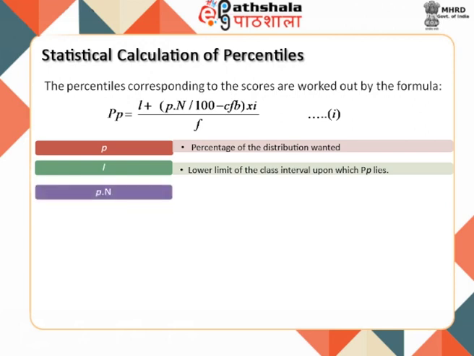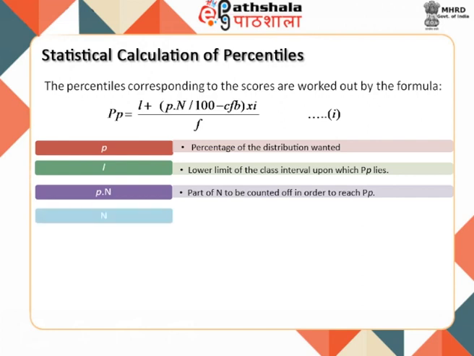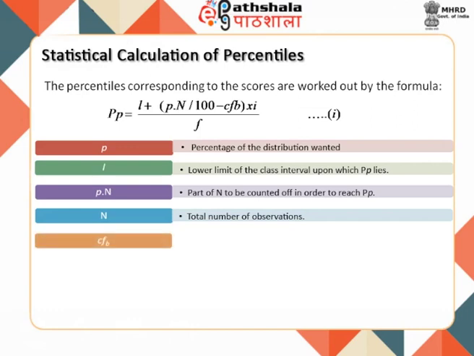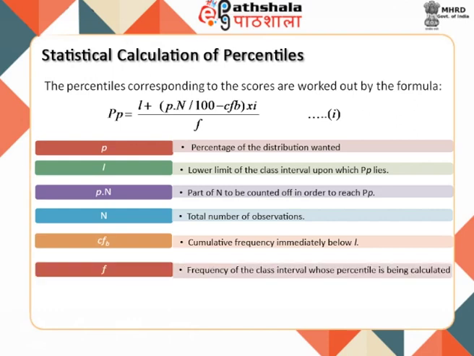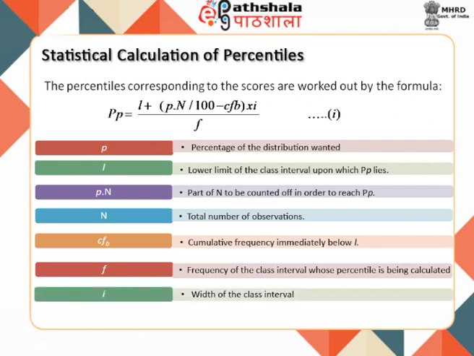Pn is the part of the N to be counted off in order to reach the percentile point. N is the total number of observations. CFB is the cumulative frequency immediately below L. F is the frequency of the class interval whose percentile is being calculated, and I is the width of the class interval.